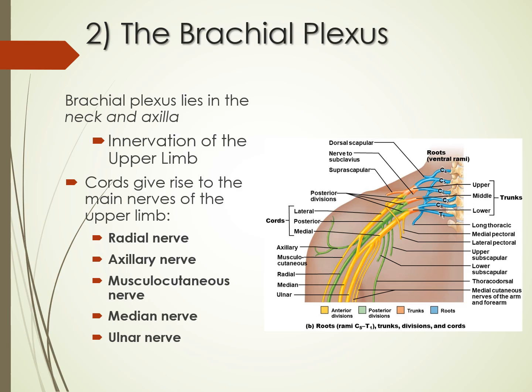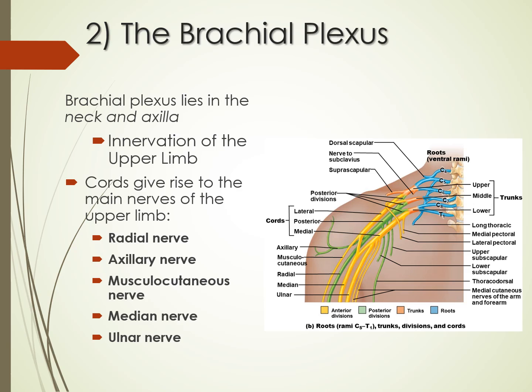So now we have the brachial plexus. So first we covered the cervical plexus. Now we have the brachial plexus if we work our way down the vertebral column. And all of these nerves are going to innervate the upper limb. Okay, so all of these are going to give rise to all of the nerves that are going to innervate muscles of the upper limb.